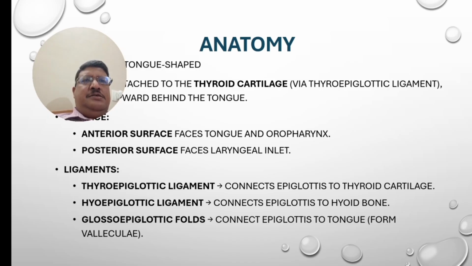Ligaments: the thyroepiglottic ligament connects the epiglottis to the thyroid cartilage; the hyoepiglottic ligament connects the epiglottis to the hyoid bone; glossoepiglottic folds connect the epiglottis to the tongue, forming the vallecula.